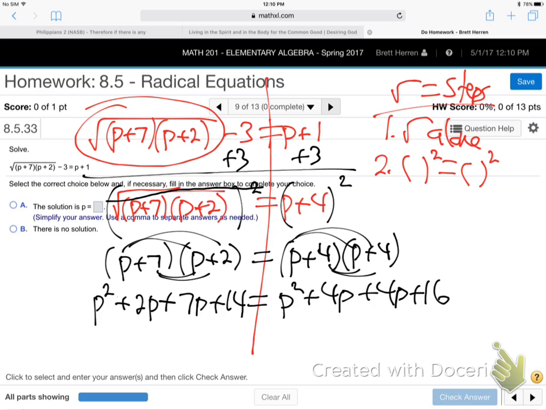Notice we have p squared on both sides, so what's going to happen? Let me gather like terms first. So it'd be 9p, and this is going to be 8p.